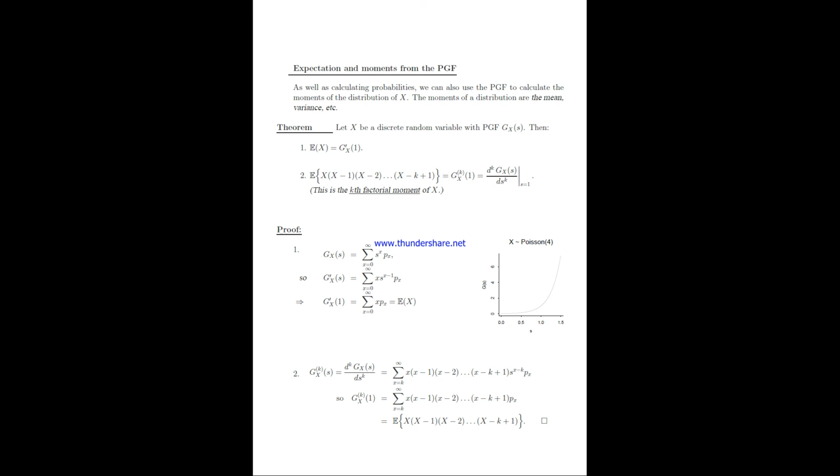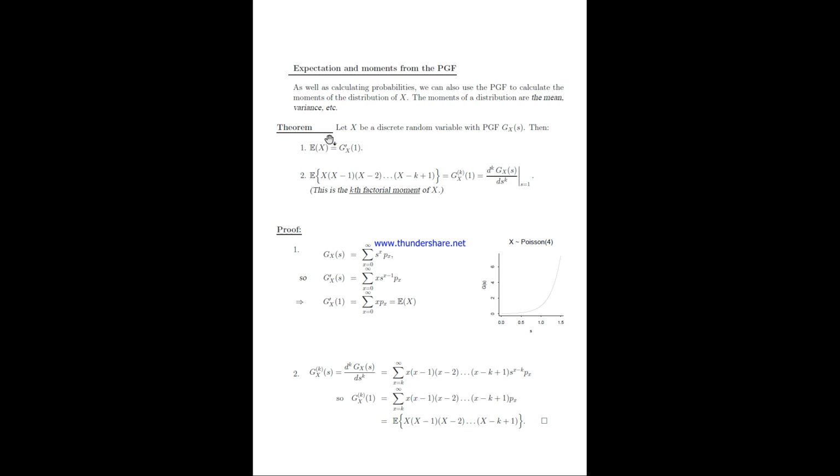So in other words, what we have done here is taken the expected value of this function, x into x minus 1, x minus 2 up to x minus k plus 1. This is a function of x, so we have taken the function and multiplied it with the probability. That is the expected value of this function.